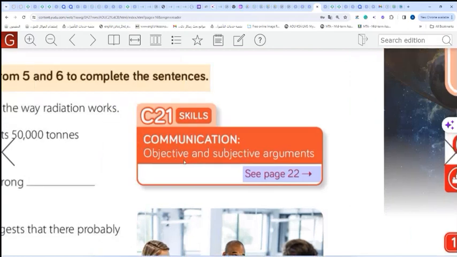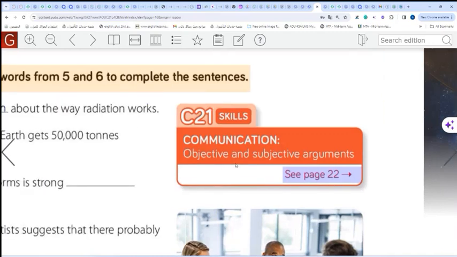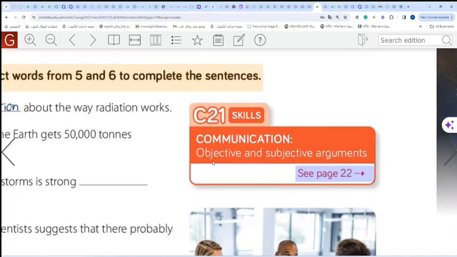But when you say, for example, according to scientists, according to the glorious Quran, according to the Sunnah of the Prophet, peace and blessings of Allah be upon him, this is called objective. Do you understand?